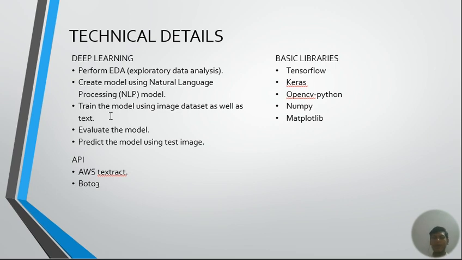NumPy and Matplotlib perform the exploratory data analysis, so I can easily see what is good or bad and which words are used for good or bad memes. TensorFlow is used for very large scales.